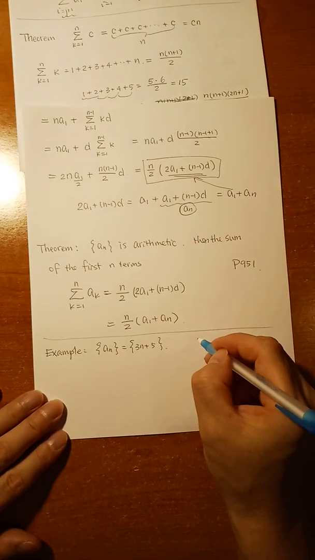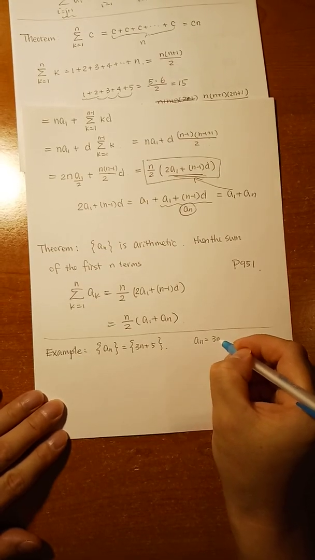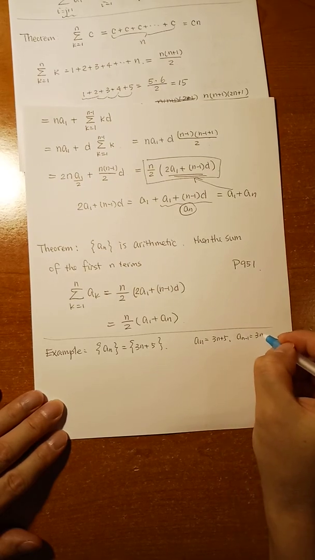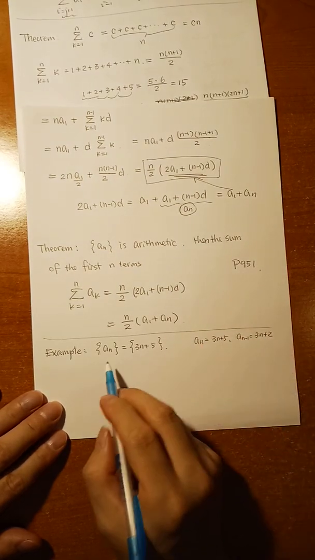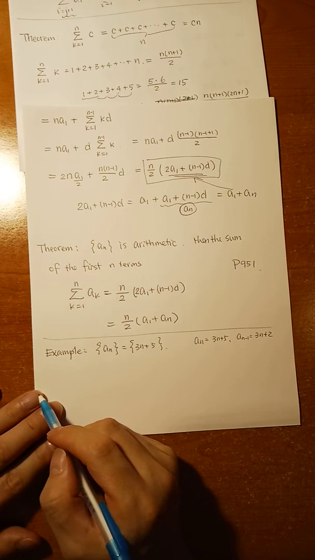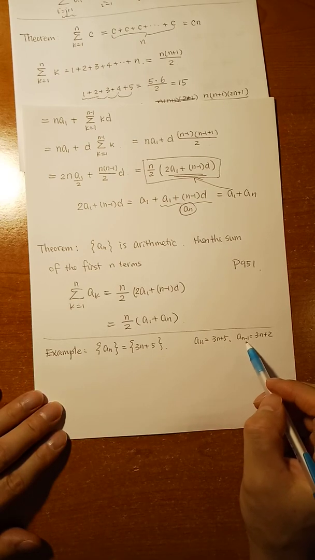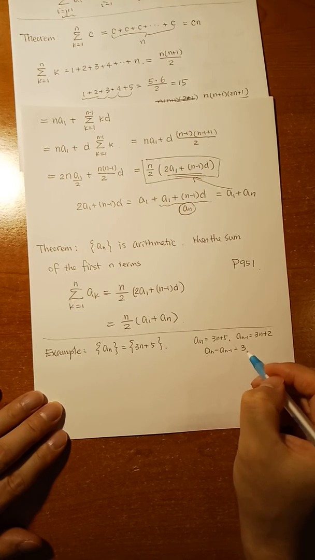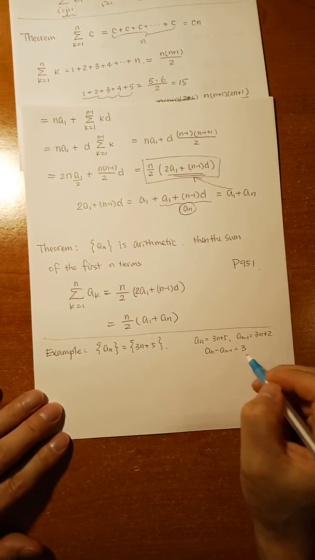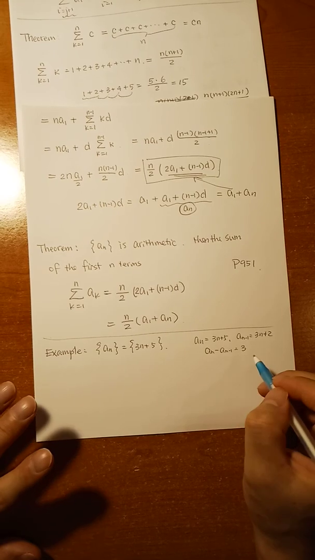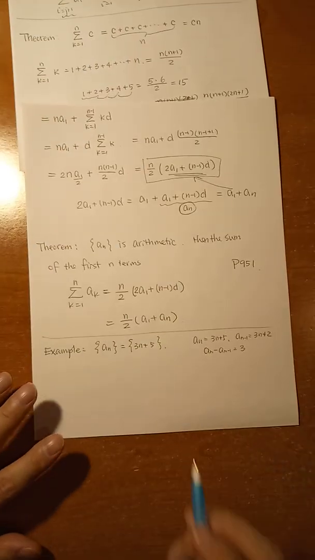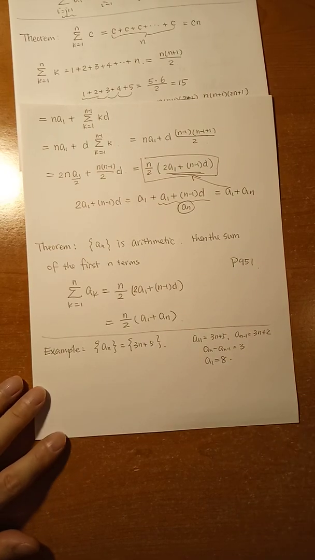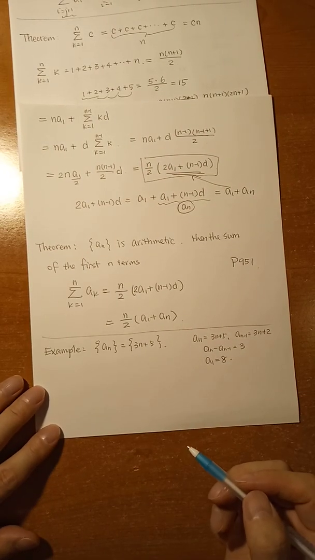You figure out what is an, what is an minus 1, the preceding term. We did this computation in the previous examples. You check it, and an minus an minus 1 is equal to 3. Once you have a common difference, it is arithmetic. And the initial term a1 is 8.